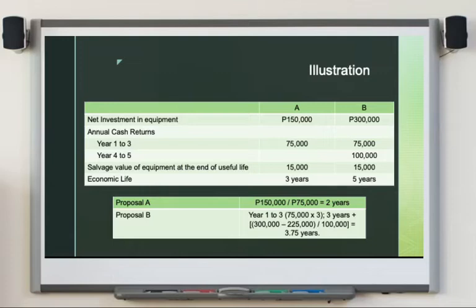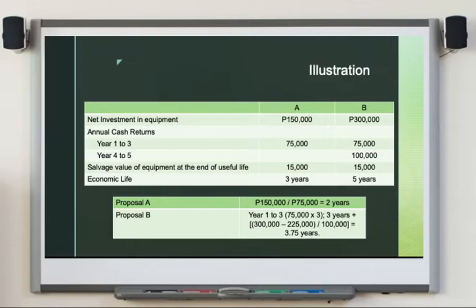So choosing between the two, applying our decision rule, if the maximum allowable payback period is only 2 years, then proposal A is very much acceptable. If the allowable payback period is 3 years, still proposal A is acceptable, and proposal B cannot be accepted because it is still more than 3 years, 3 years and 9 months.